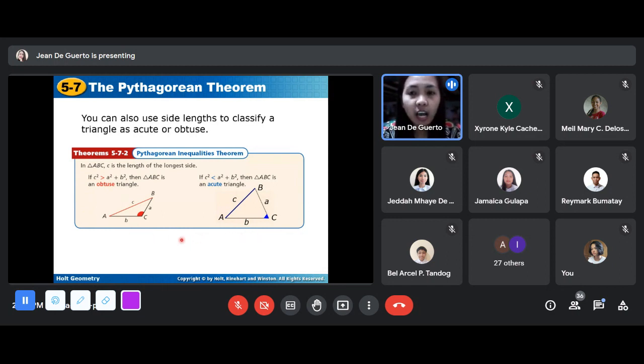Okay? They actually can be proven by the converse of the Hinge theorem. So, you go back to the different theorems that you have discussed nung nasa grade 8 kayo. So, yung converse ng Hinge theorem will apply to these two. Kung bakit mag-i-increase at magdi-decrease yung angle C natin. Okay?